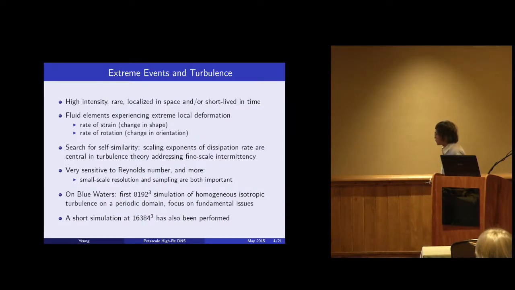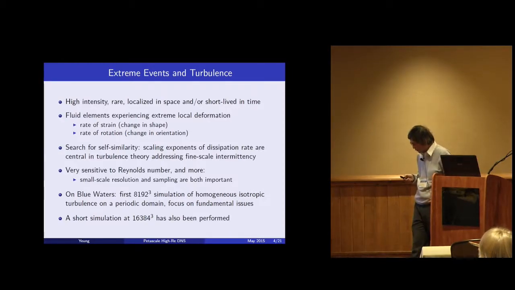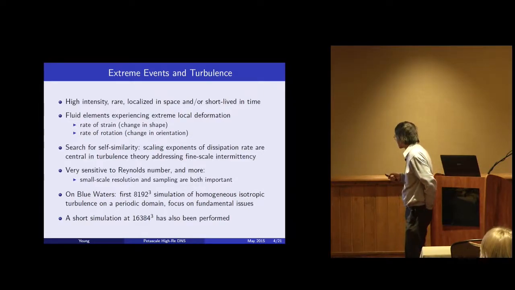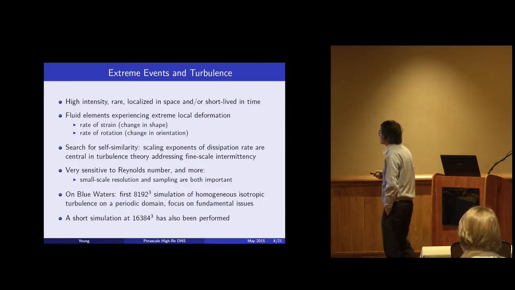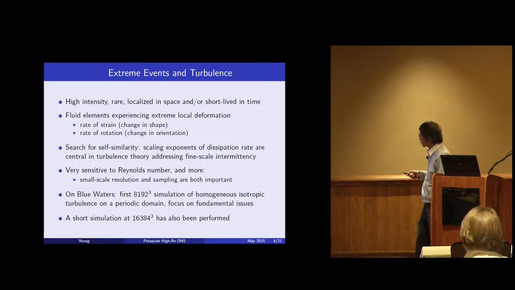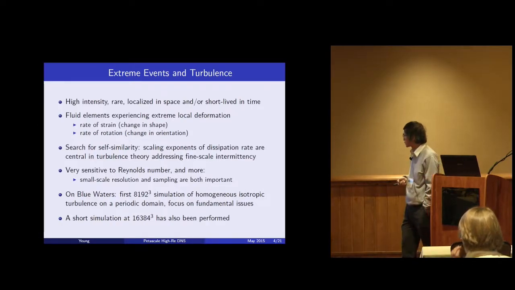We try to have a theoretical representation of these. We want to look at the use of ideas of self-similarity. A very important quantity in the study of turbulence is the dissipation rate. We're trying to see how the so-called scaling exponents behave as a function of the different scale sizes.